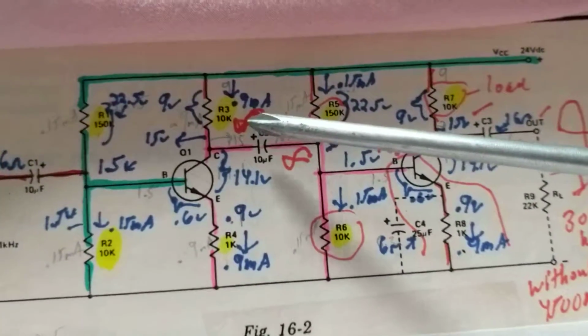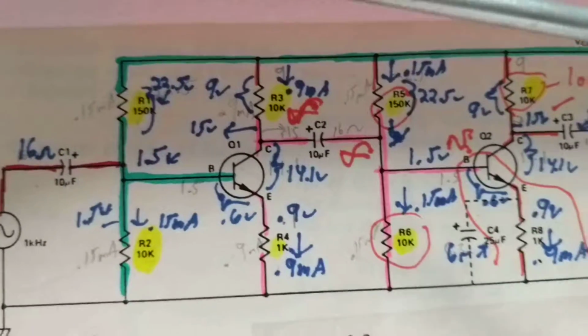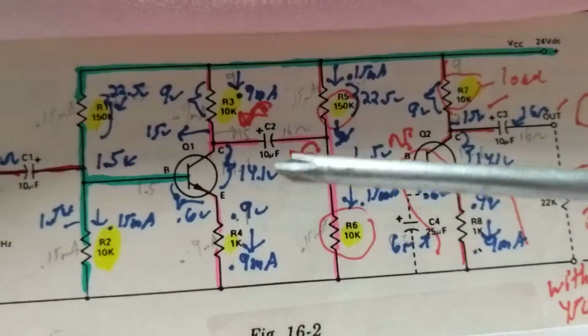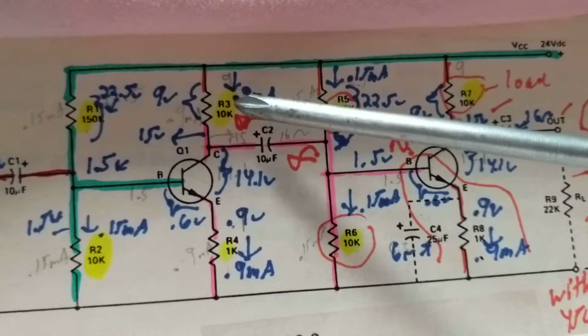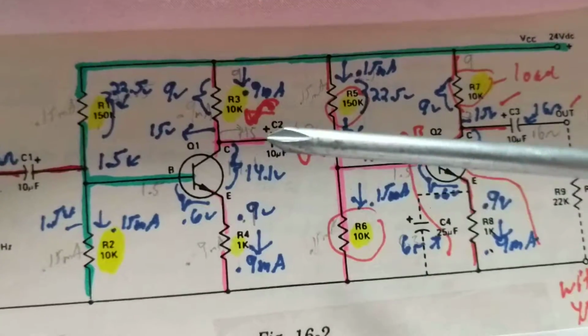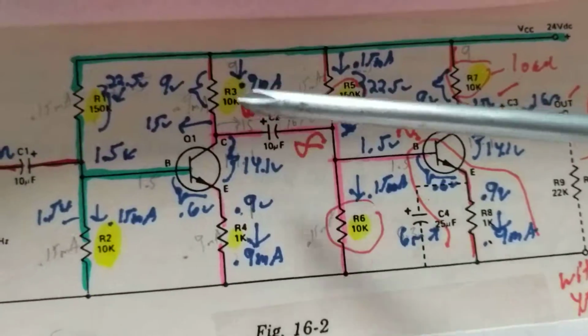Oh, wow. Now let's look at this a little. I just spoke to you about ratio, didn't I? Look at this. 9 volts across here, 0.9 volts across here. Isn't this resistor R3 10 times more than this one? Sure is. Therefore, we would expect the voltage to be 10 times more than this.